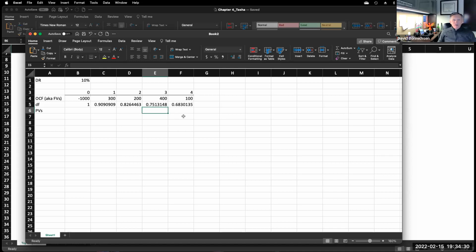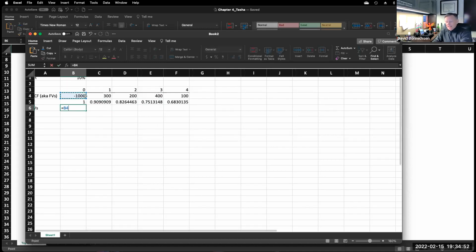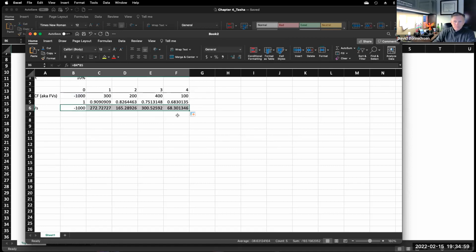The present value of this $400 is only worth, in today's dollars, 75.13% of the future value. So the present value is always equal to the future value times the discount factor.